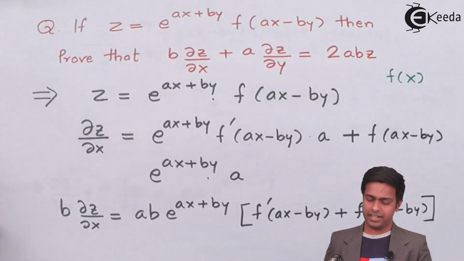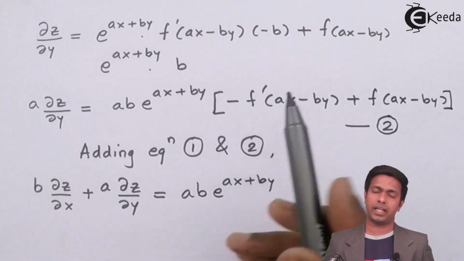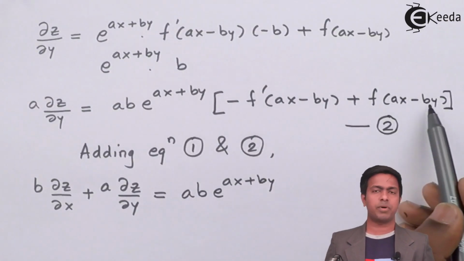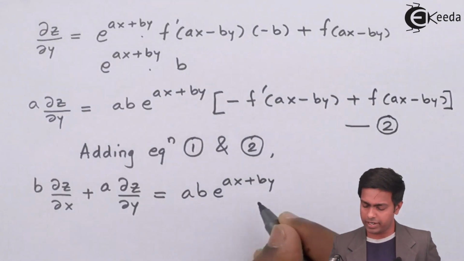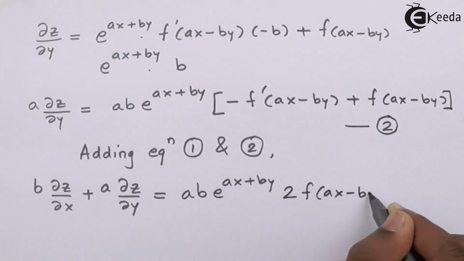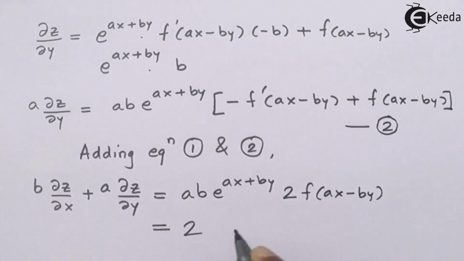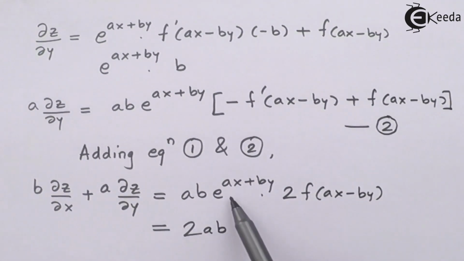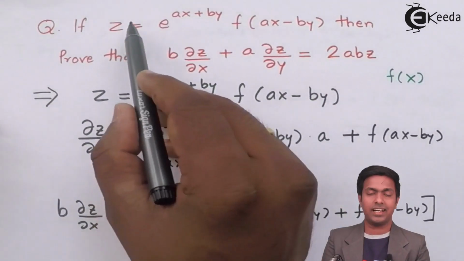And guys, if we add it, then you can observe that this f dash is positive, whereas this f dash is negative, so it will be cancelled, and this f of ax minus by and this f of ax minus by both are positive, so we will get 2 times f of ax minus by. Okay guys, here 2 outside because it is multiplying to this term, ab is there, and now we got e to the power ax plus by into f of ax minus by, and guys, that is nothing but your z.